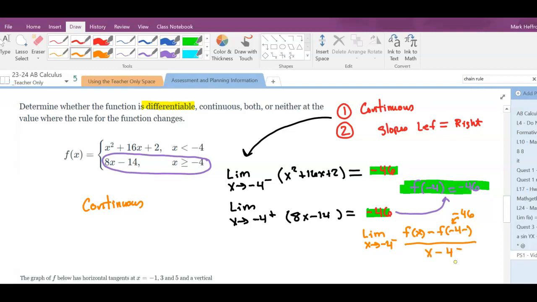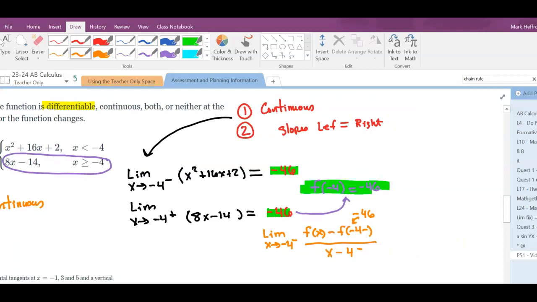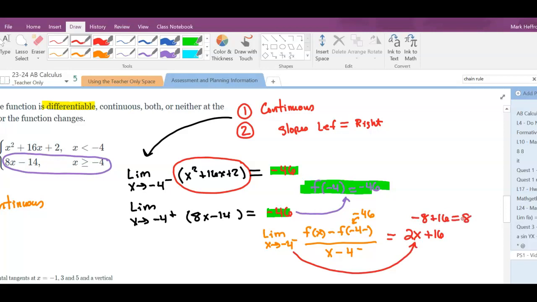I show all that just to show the AP board that this is the definition of the derivative from the left-hand side, so I need to take the derivative of this. So that will be 2x plus 16. When I plug my -4 in, I have -8 plus 16, or 8.